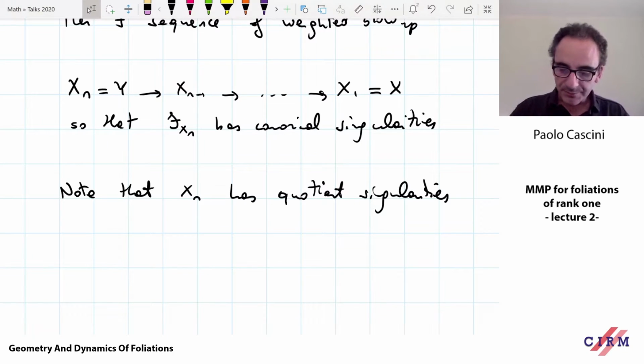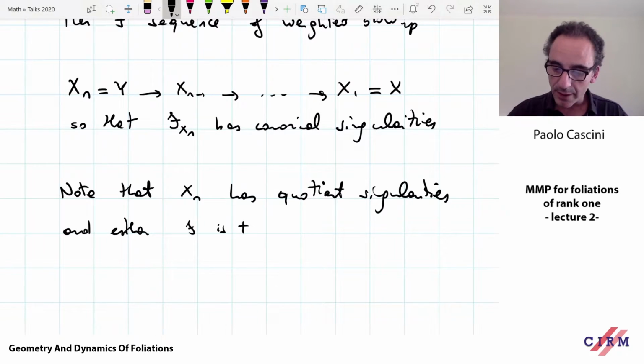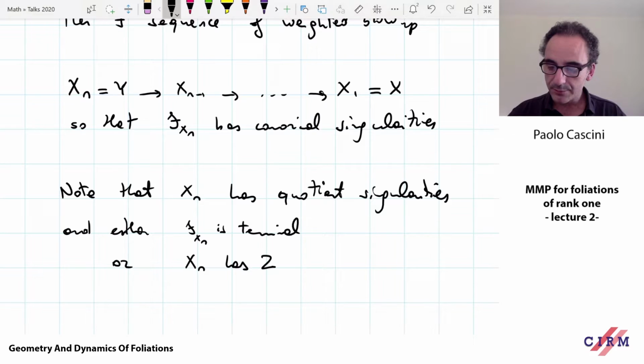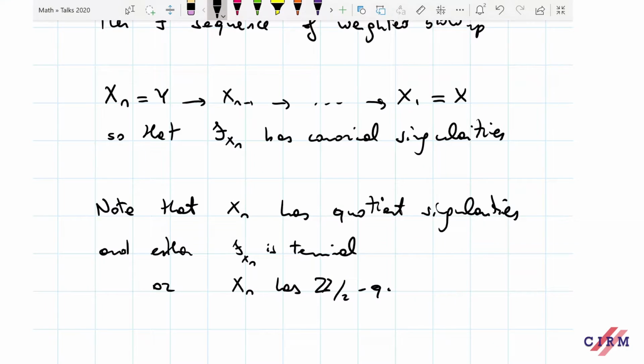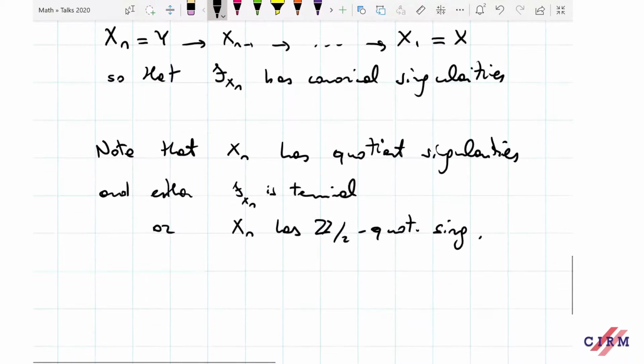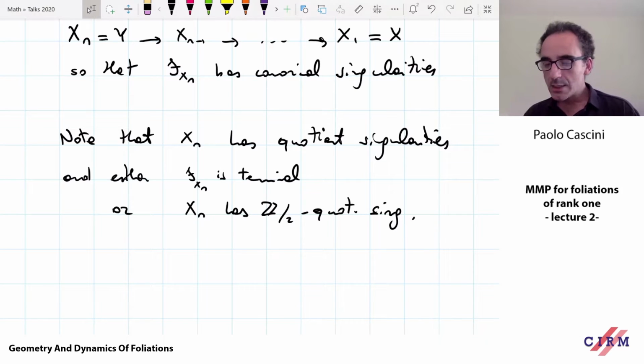Namely, either F on Xn is terminal, or F on Xn is canonical, but Xn has Z2 quotient singularities. Actually, what they do is describe very carefully what happens in this case, namely how the foliation looks like. So in some sense, it's a very satisfactory result.